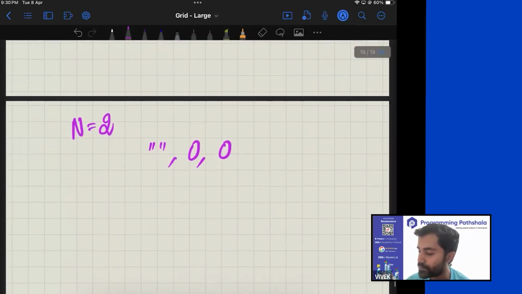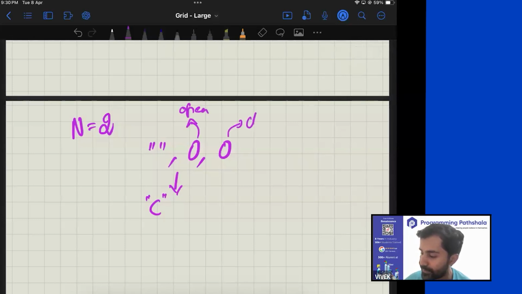Our next character can only be an opening brace. So let's put an opening brace and now modify these counts. What will this count be? This is the count of opening braces and this is of closing braces. So this count will become 1 and that count will remain 0. Very good.